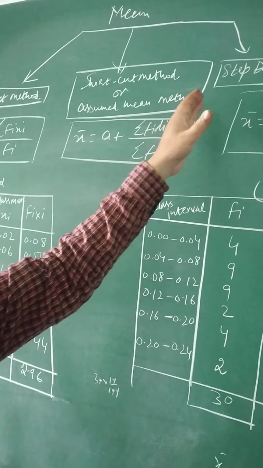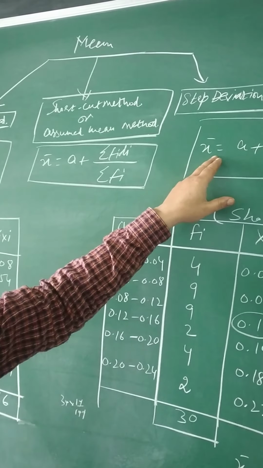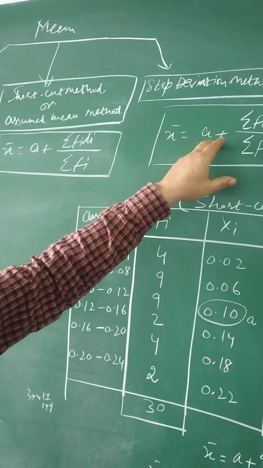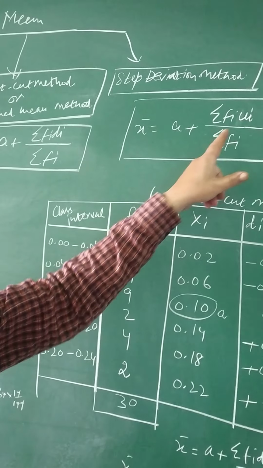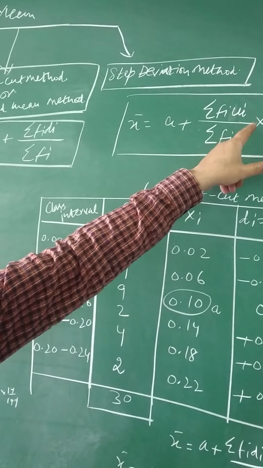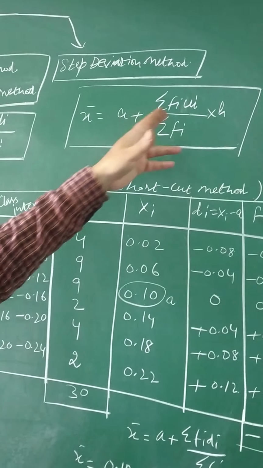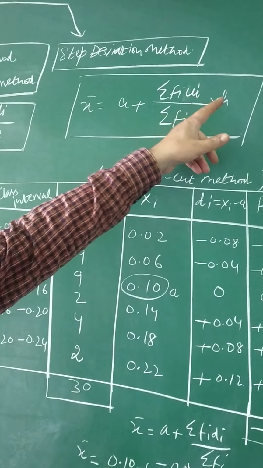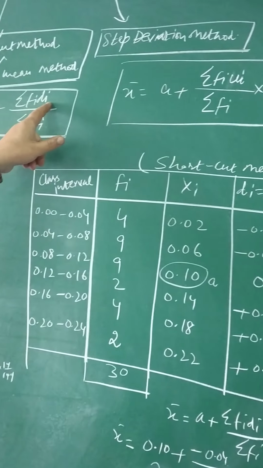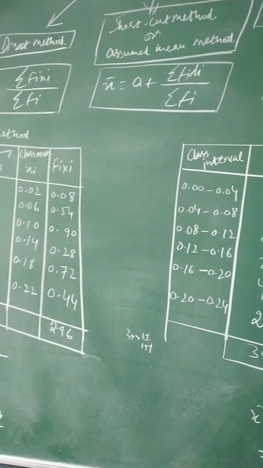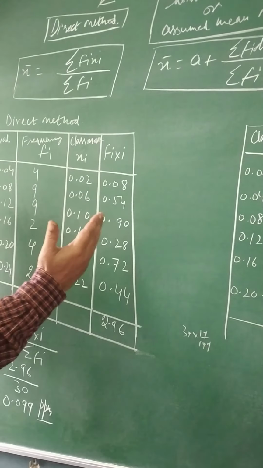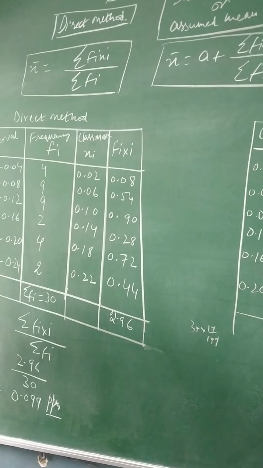And then the step deviation method: x bar is equal to a plus sum of fi ui divided by sum of fi, into h. Later on I will explain these terms to you: what is ui, what is h, what is di, and what is a, that is, the assumed mean.